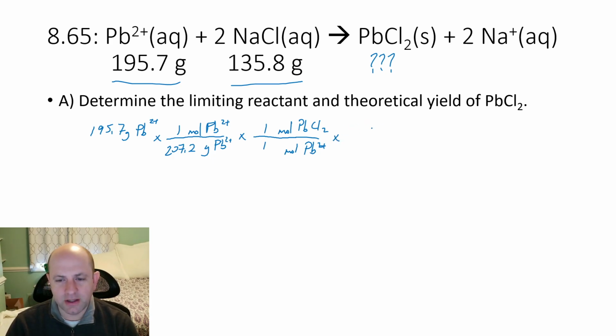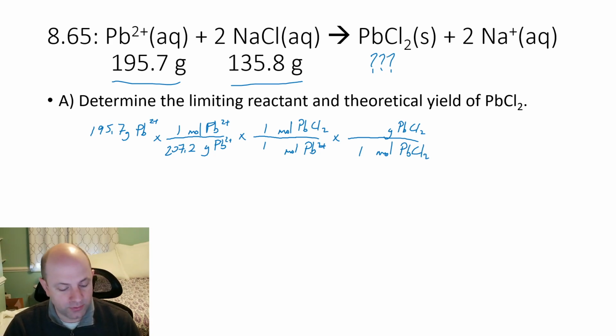Then the third step is always get to your answer unit. In this case, we want grams of lead chloride. So we put moles of lead chloride on the bottom so it cancels out, and grams of lead chloride on top. Then we need the molar mass. This time it's PbCl2, so we have to add it up, since it's more than just one thing.